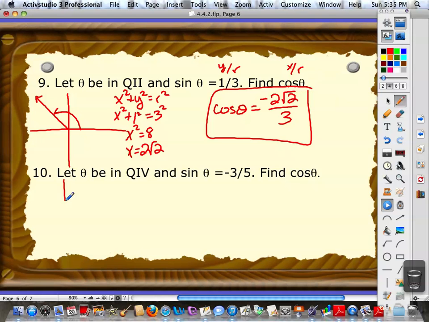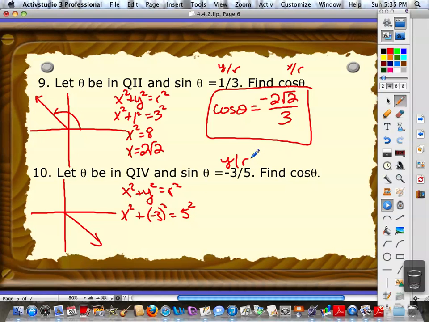All right, quadrant 4. Theta's in quadrant 4. We're down here. We've got the sine, we want the cosine. So again, we're going to use x squared plus y squared equals r squared. I have the sine. The sine is y over r, which means y is 3 and the r is 5.